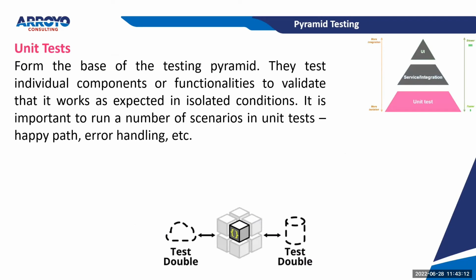So talking about unit tests, they are the base of the pyramid. The idea is that you have individual components or functionality to validate that they work as expected in isolated conditions. It's important to run a number of scenarios in unit tests, and the specific test you should never forget here is the happy path.